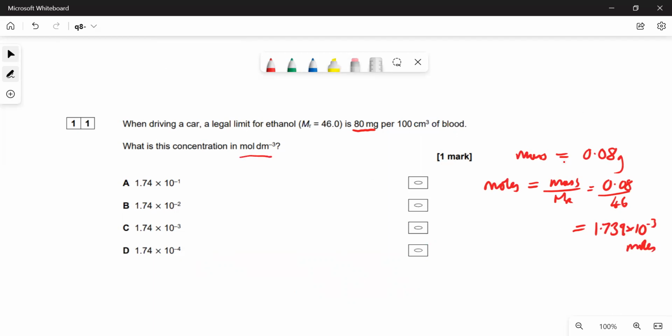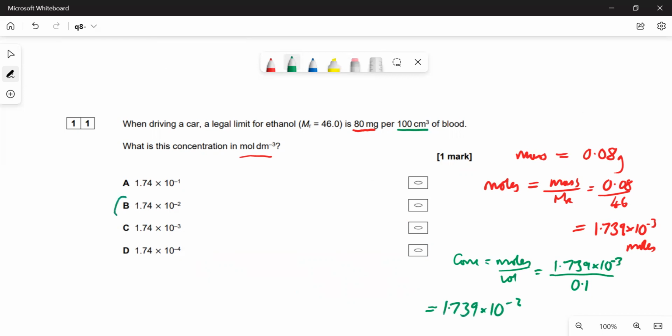Well, concentration is moles over volume. We've got 1.739 times 10 to the minus 3, and the volume is 100 centimeters cubed, so that's equal to 0.1 dm cubed. That's over 0.1 dm cubed. So that is going to standard form. The way they've done it is 1.7 times 10 to the minus 2. So that is going to be this one, B.